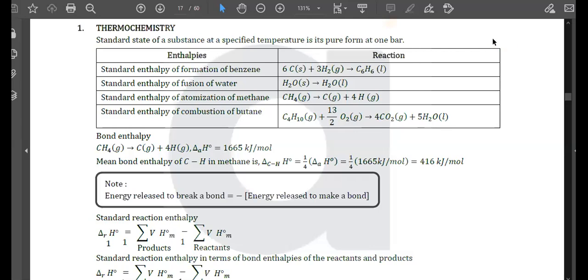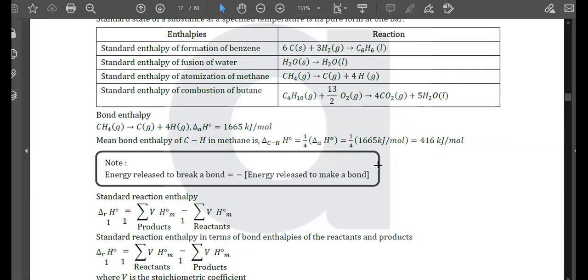Because bond enthalpy is calculated using Hess law, we will break down each and every component and then add it. That's what you have to remember. If you talk about energy exchange, you have to be intuitive. If you're breaking a bond, you are supplying energy.